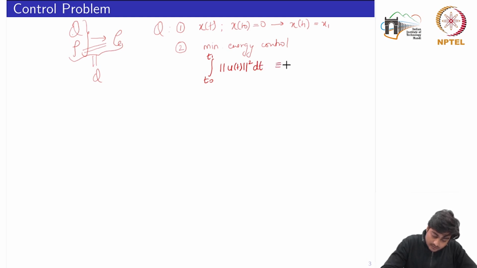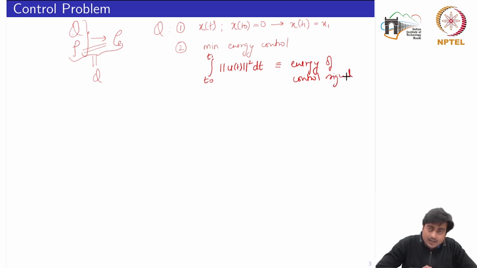So this is the energy of the control signal. If u is a scalar, then instead of taking the norm, we consider only the magnitude.